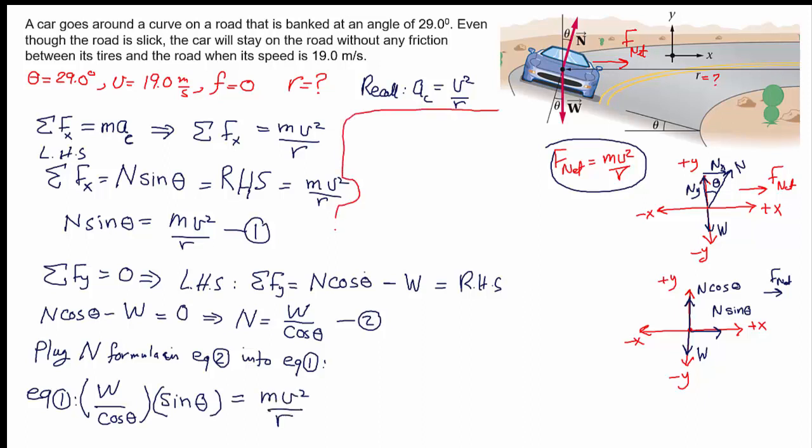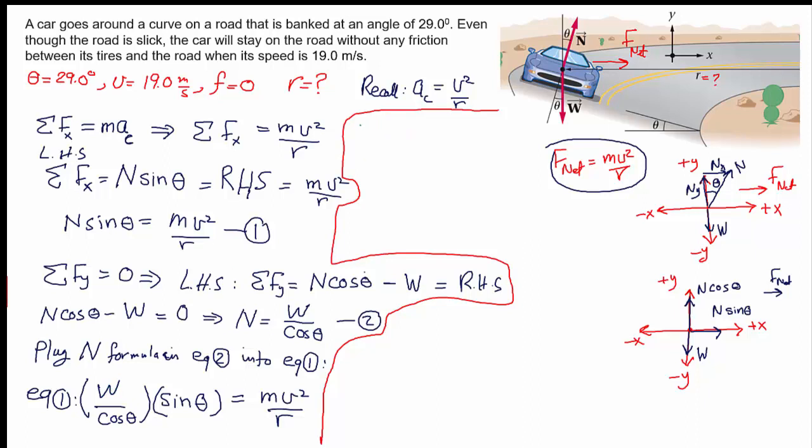I'll go ahead and complete the problem on this side here, so I'm going to create a line here to separate those two sides. I'm going to use a green font here. Notice here that we have sine over cosine, which will give us tangent. Also, we can replace w, which is the weight, by its formula, which is mg.